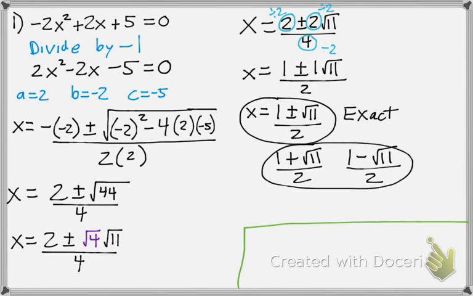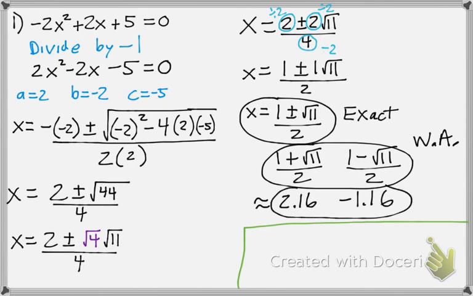So this is how WebAssign will want it. But we still want to do the decimals. So if you type these into your calculator, you should get that this is approximately 2.16 and approximately negative 1.16. So those will be the decimal equivalents.